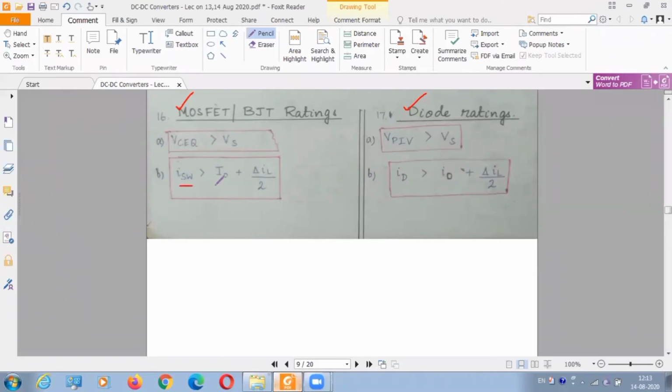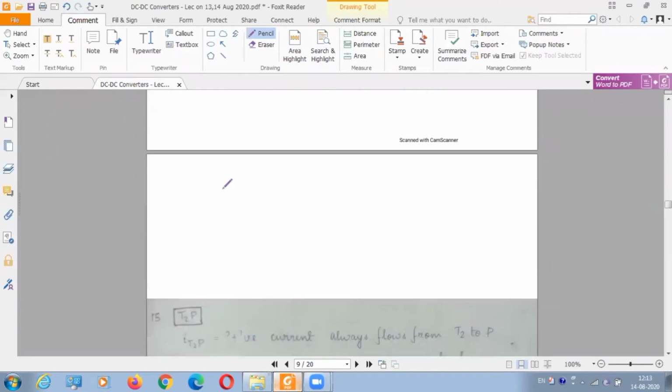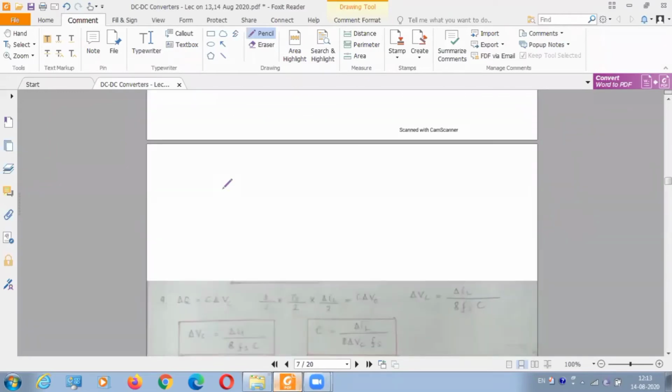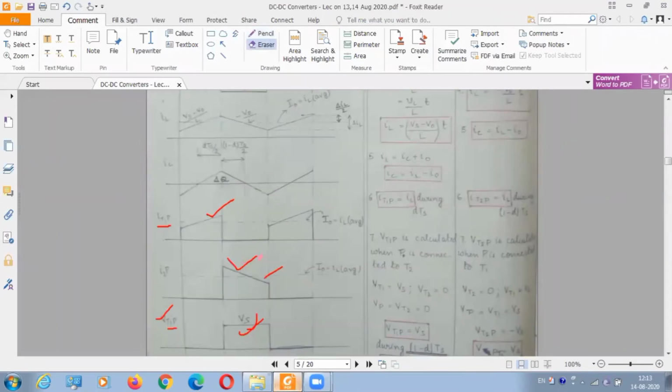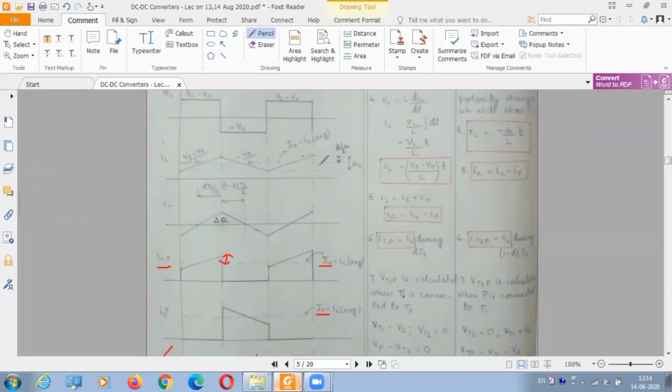And then what will be the maximum current flowing through it? Okay, again we have to look into the waveform. So what is the maximum current? Just see over here. Very easy. Last day only we have discussed this, we are continuing. This IT1P, the average current through it is I0. IT2P, the average current through it is I0, as we had discussed. Now this is the average value, and from this point to this peak, the value we know is del IL by 2.